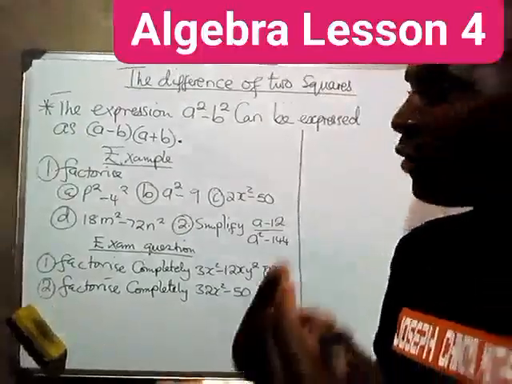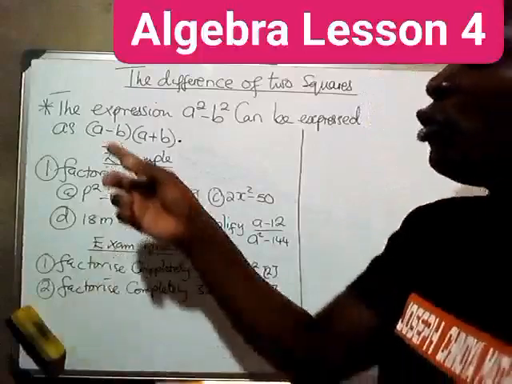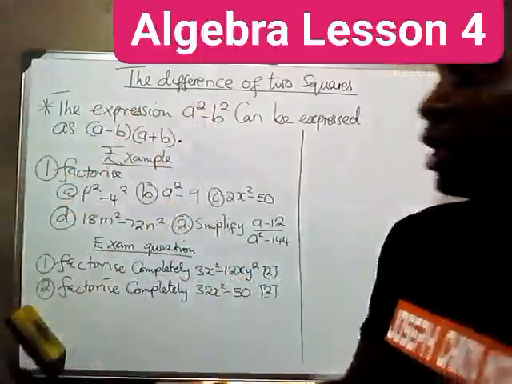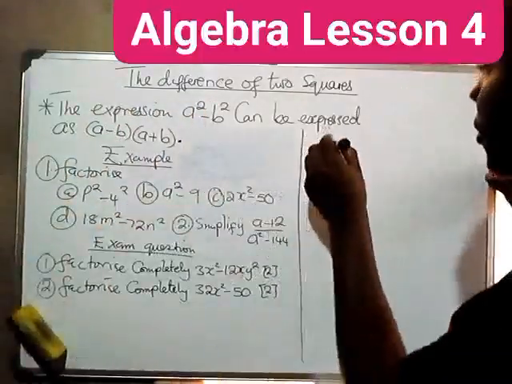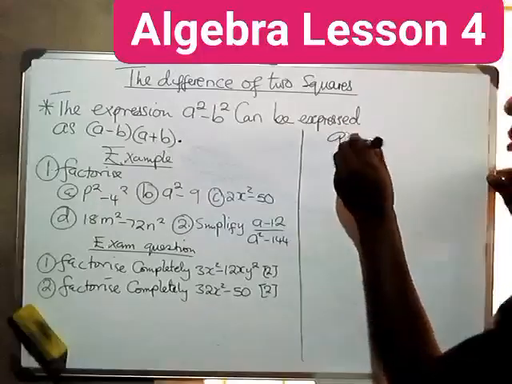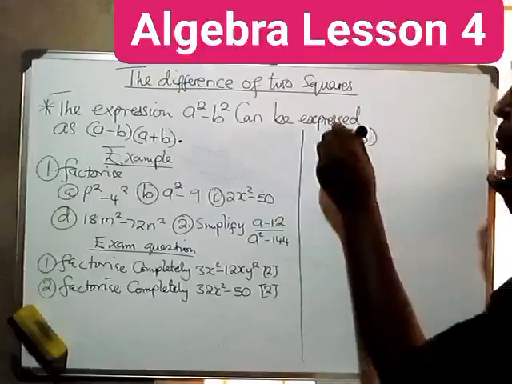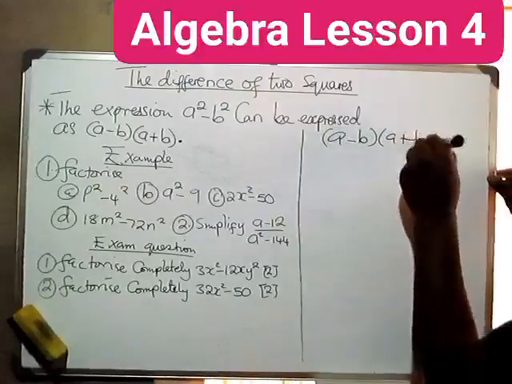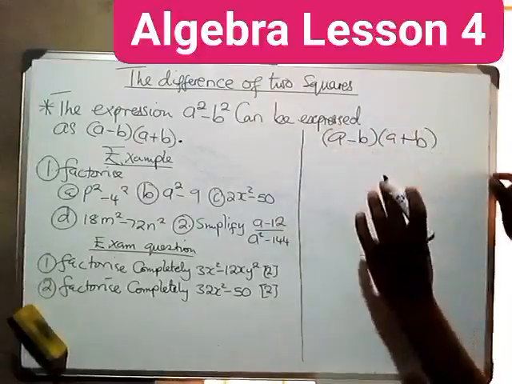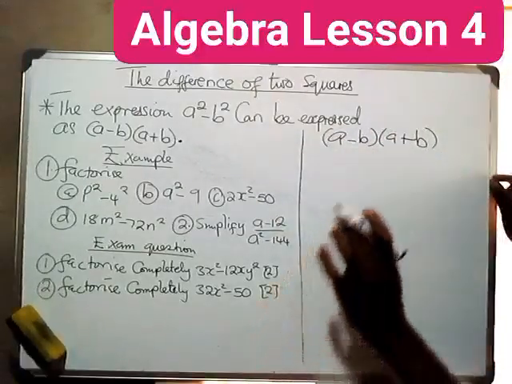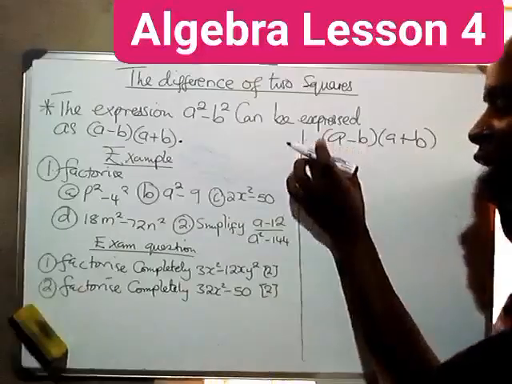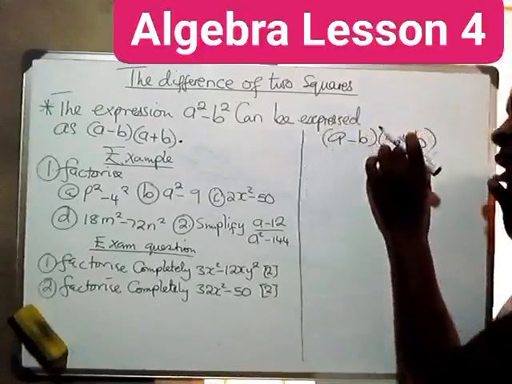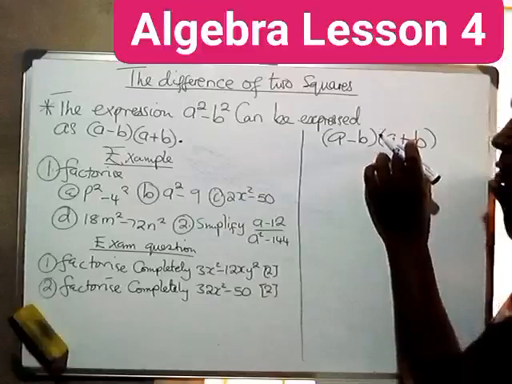Now, why do we factorize it like that? Because if you expand it, let us say a minus b times a plus b, remember we said you multiply everything in the first bracket by everything in the second bracket.